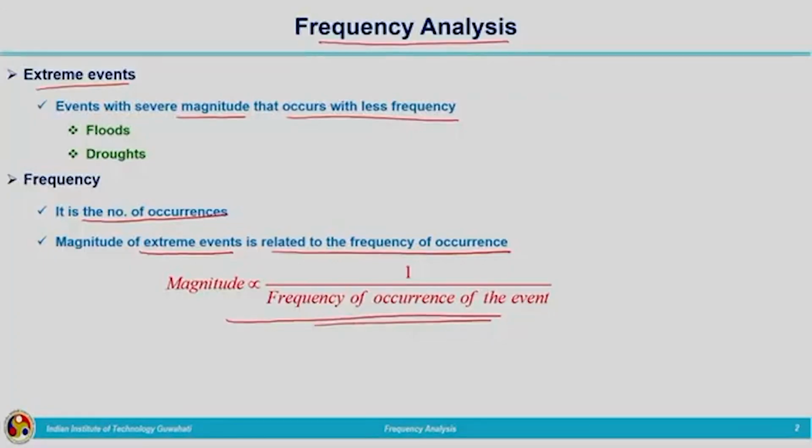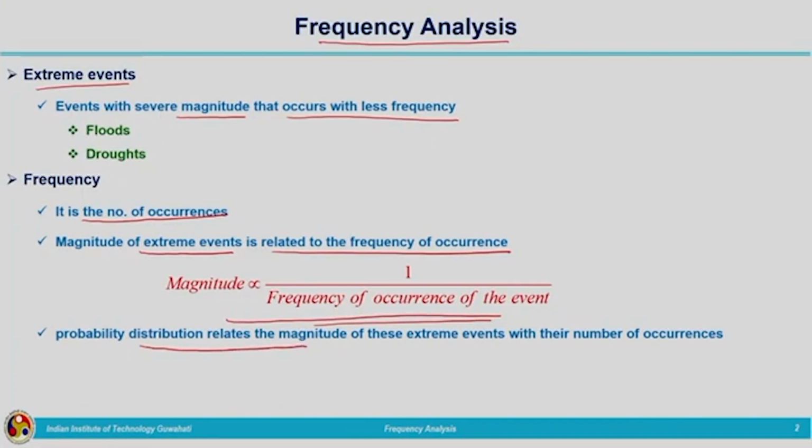So, how can we relate this magnitude with the frequency of occurrence? This can be done by means of probability distribution functions. Probability distribution relates the magnitude of these extreme events with the number of occurrences. Different types of probability distributions commonly used in hydrology have already been discussed.